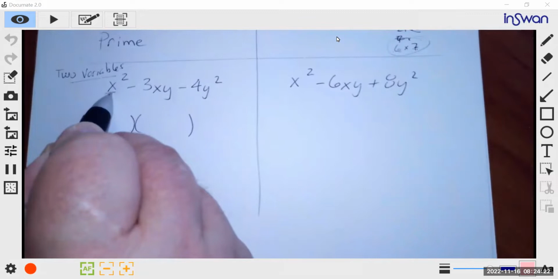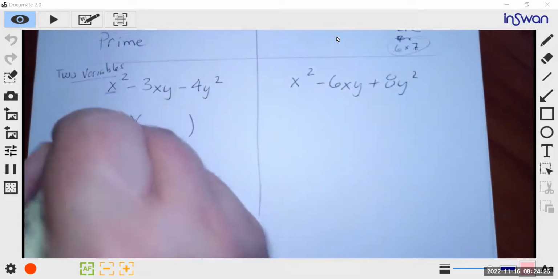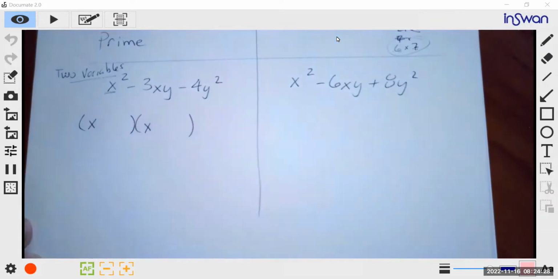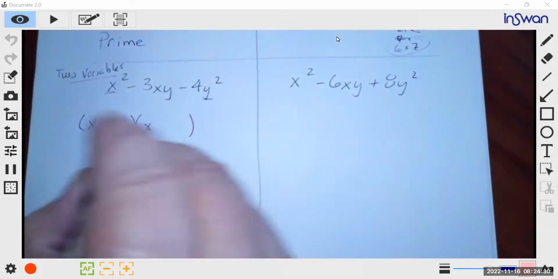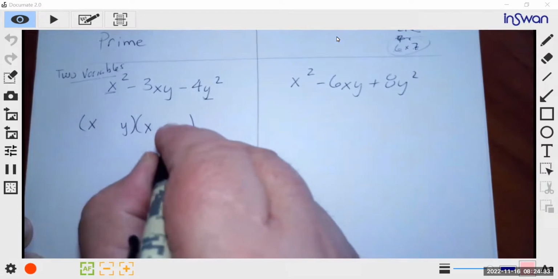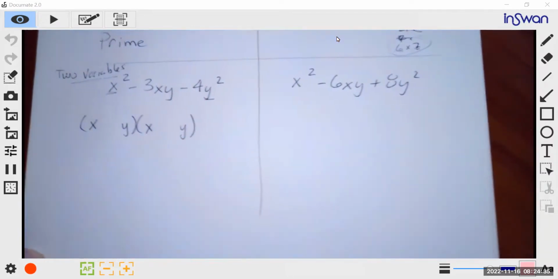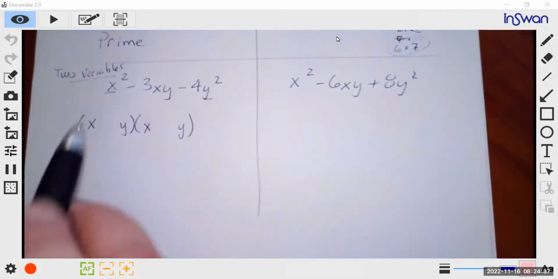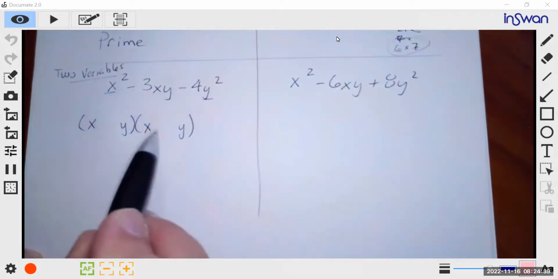Where does x squared come from? So we know x has to go in the first one. Since this is y squared, it has to go in the second spot. So that's the first spot. This is the last spot.